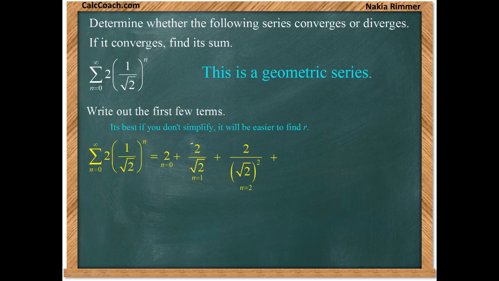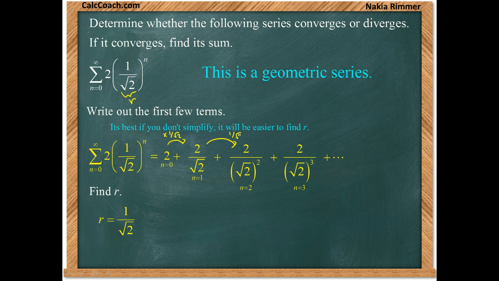When n is equal to 3, we'd have 2 times 1 over root 2 cubed, and so on. It's exactly 1 over root 2 that is the value of r. It is the ratio that gets you from one term to the next by multiplying.